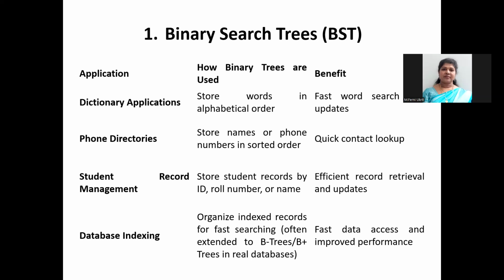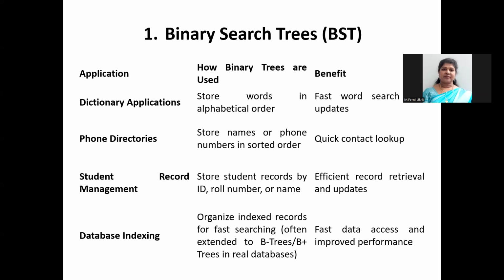And in student record management, a binary search tree is also applied, where the student records will be arranged based on the ID number or the roll number. It will be in order or alphabetical also. The benefit is that you can have efficient record retrieval.